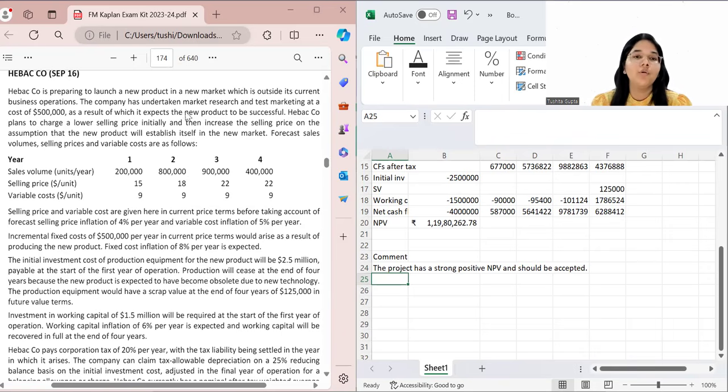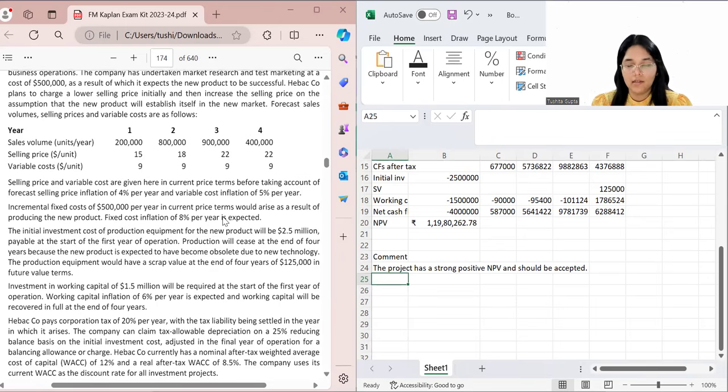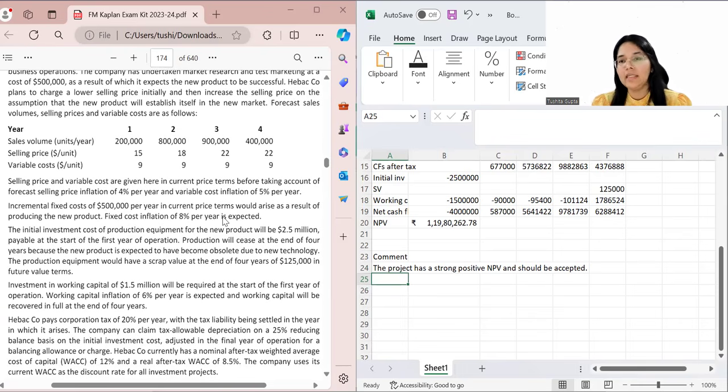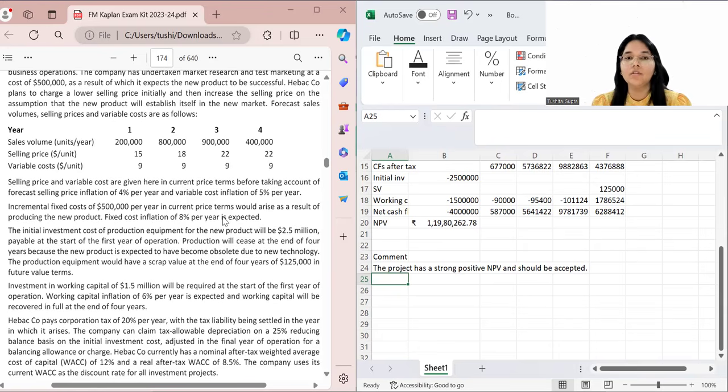So we should go to the market in which we are launching the new product, try to identify a good company, a good player in that market, look at its betas. You get the beta and then you de-gear it, then you get the business risk that this industry has, and then you re-gear it according to your financial status, your company's financial gearing.